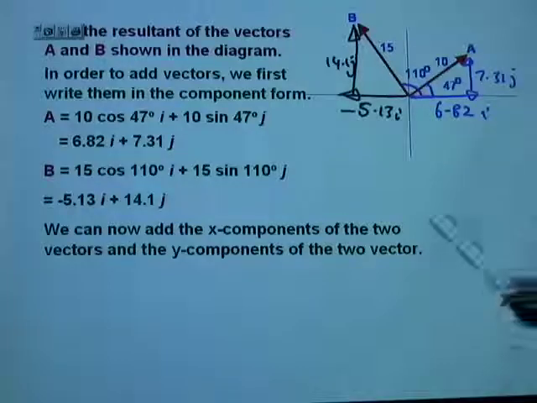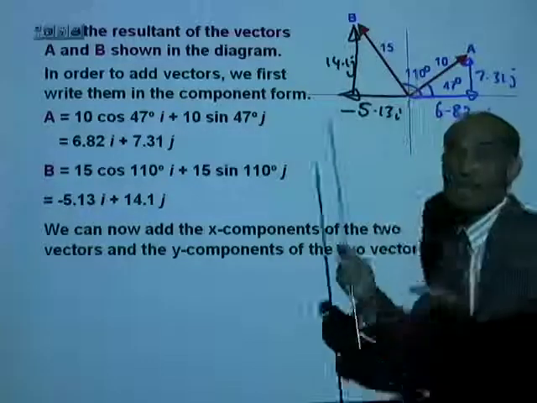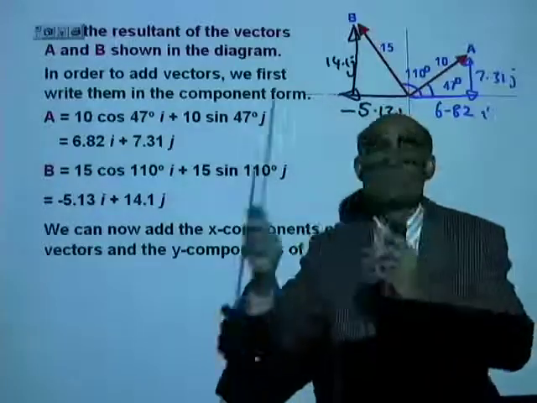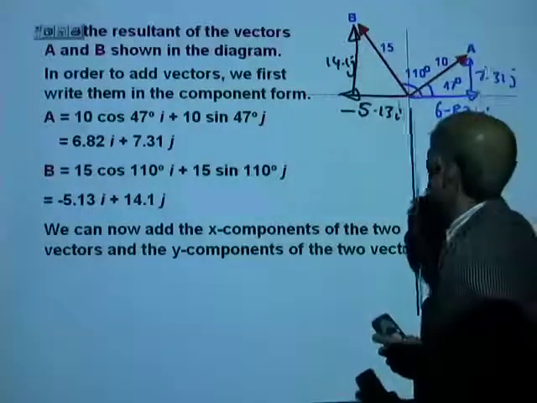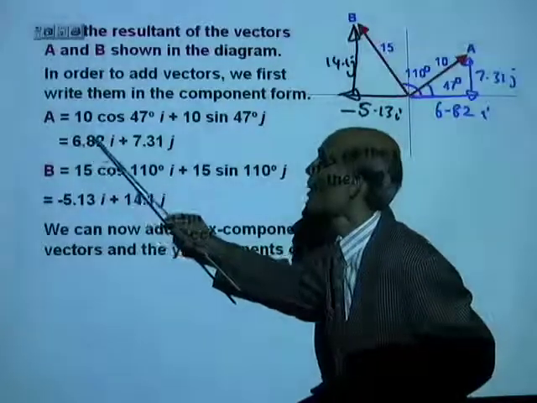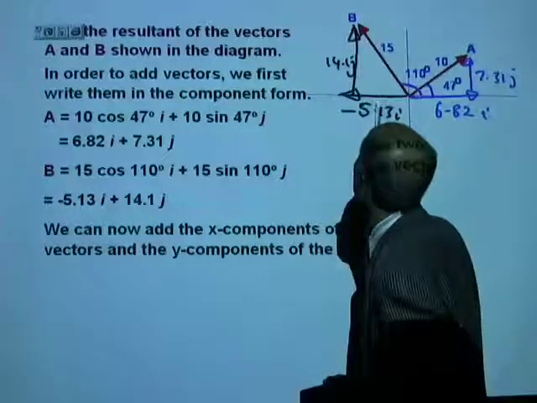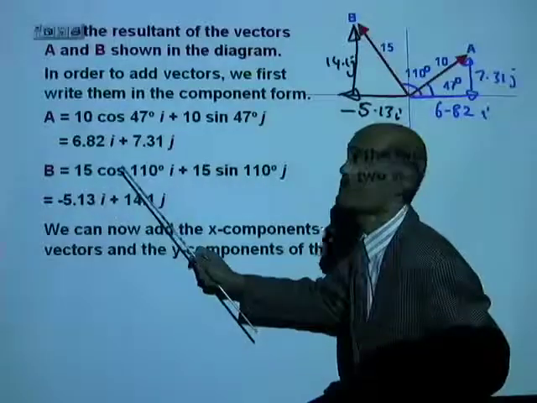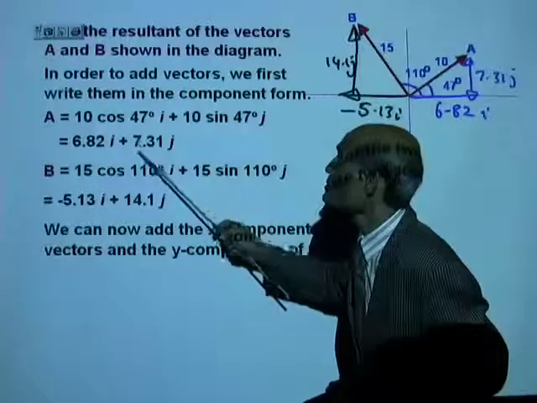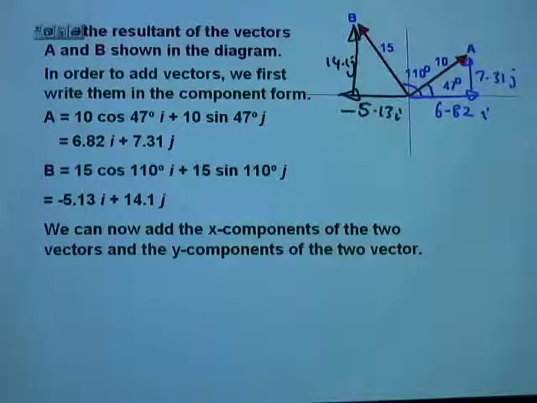So, you can now add the x-components together and the y-components together. You see? If both vectors are along the same direction, you can add them. So the y components can be added and the x components can be added. You can see 6.82i can be added to negative 5.13i. What will be the result? It will be a small positive vector. Similarly, 7.31j can be added to 14.1j. Alright, let's do that.